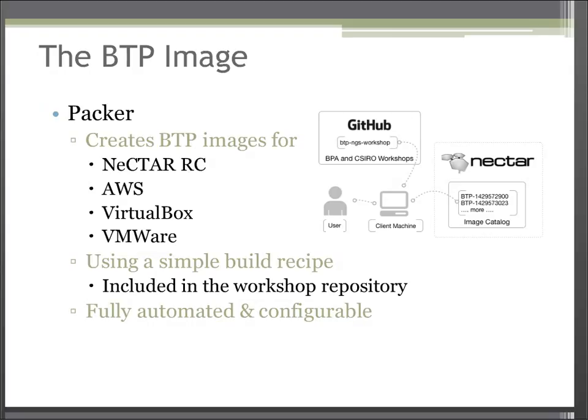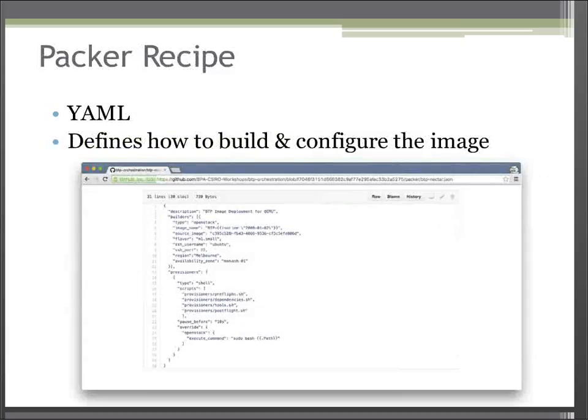It can be used as is, but can also be customized to certain requirements for an upcoming workshop. This is just an example of a recipe that is used to build a virtual machine image compatible for the Australian Research Cloud.